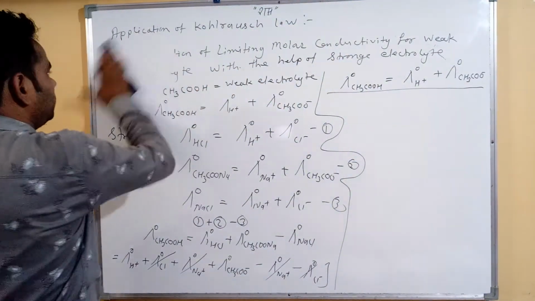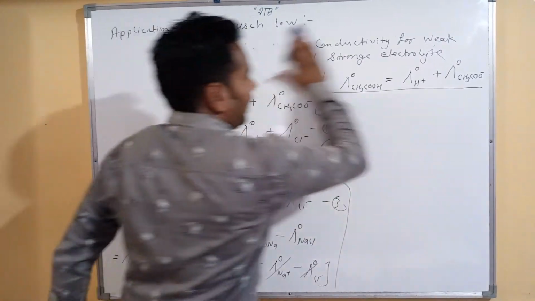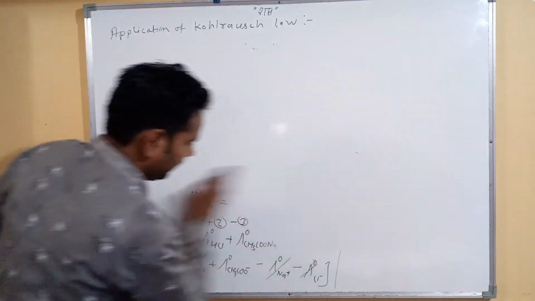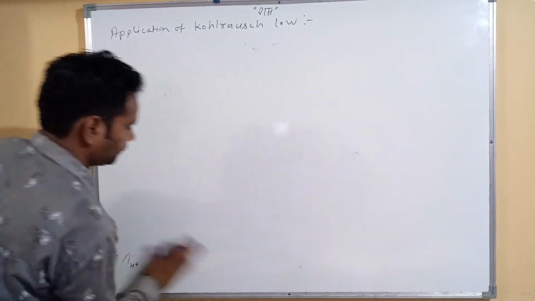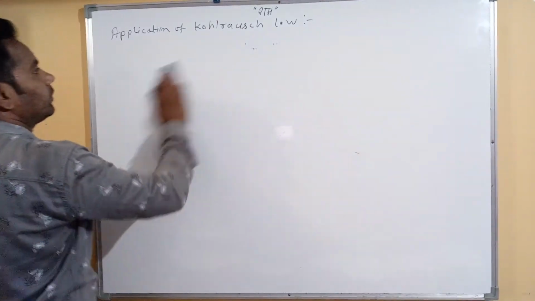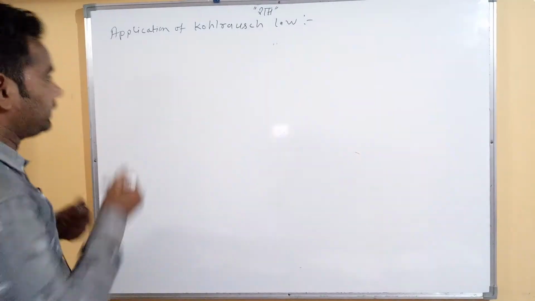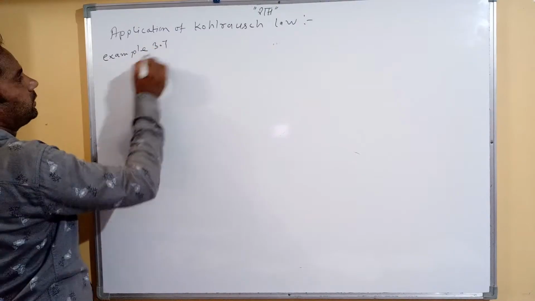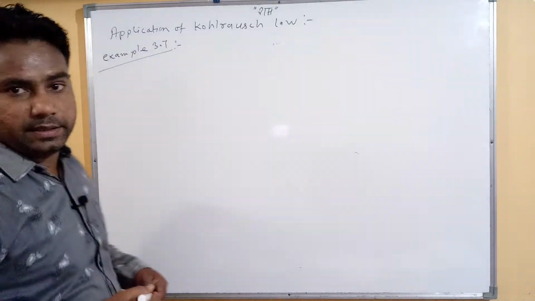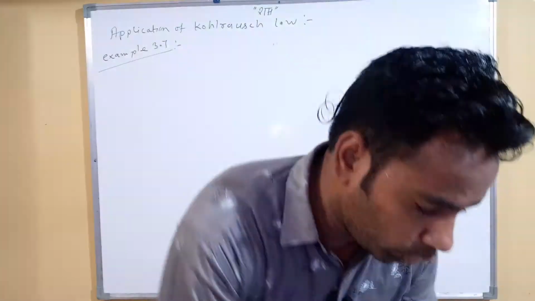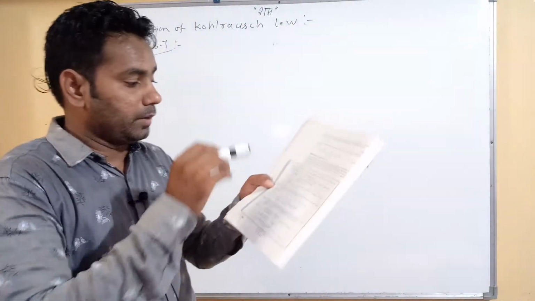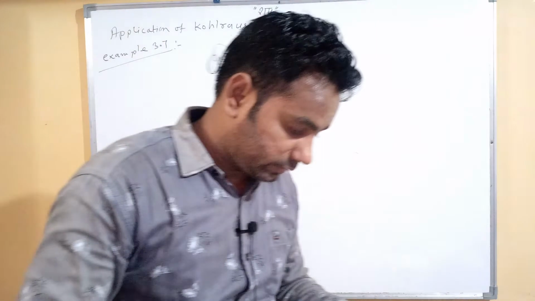We start the solution of example 3.7 and 3.8. Okay, example 3.7. I will read it, and you also open your book and check page number 84, example 3.7.